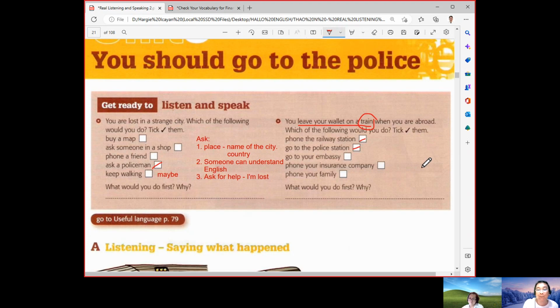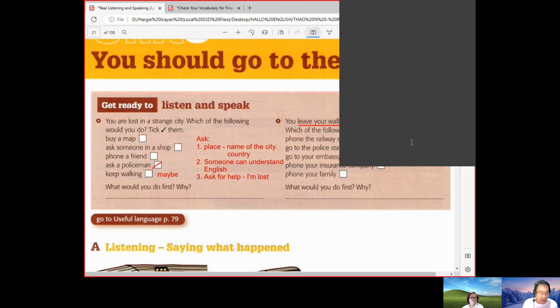Okay, but the best thing to do is you need to phone the railway first, informing them that I left my wallet on the train. Now, what are the informations that you should inform them when you call them?